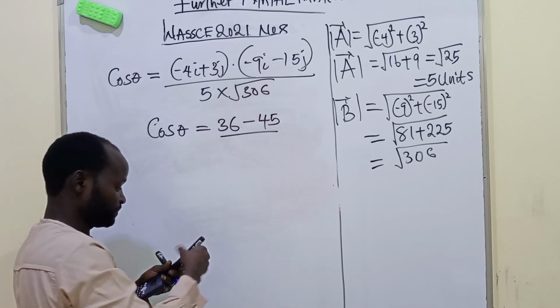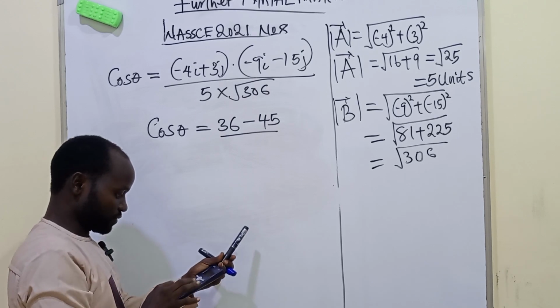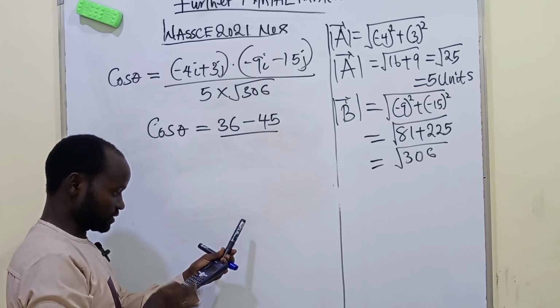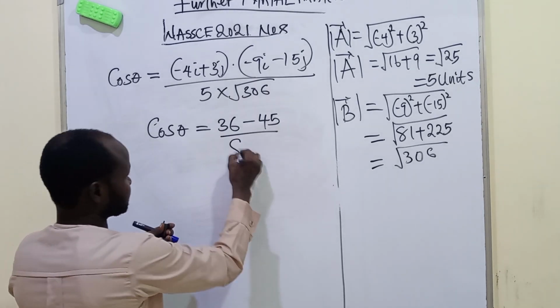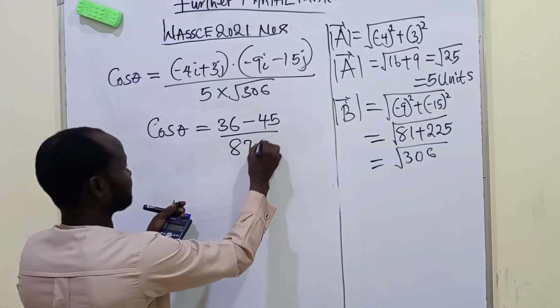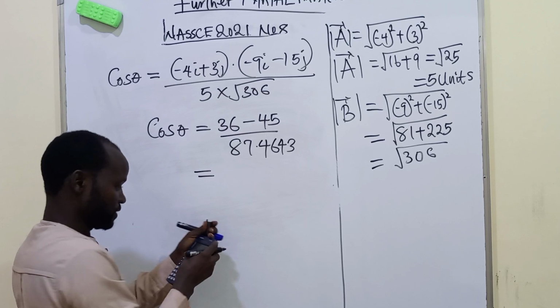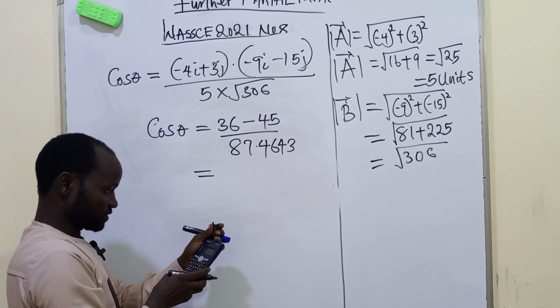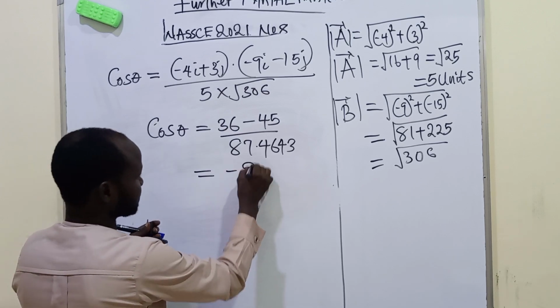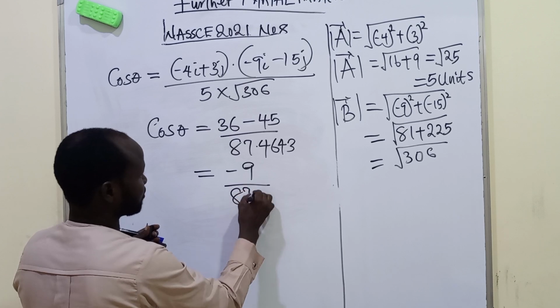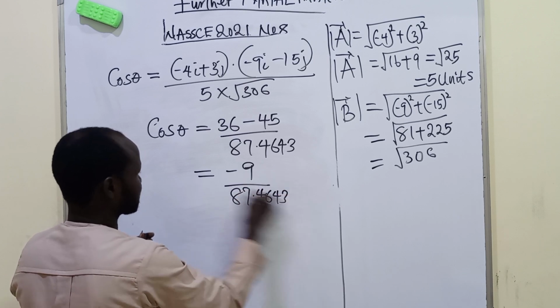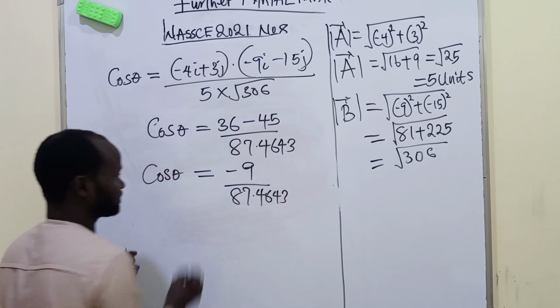Divided by 5 times root 306, which is 87.4643. This will be 36 minus 45, that is -9, divided by 87.4643. This will be cos theta.